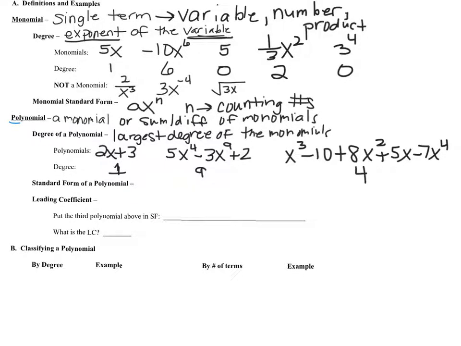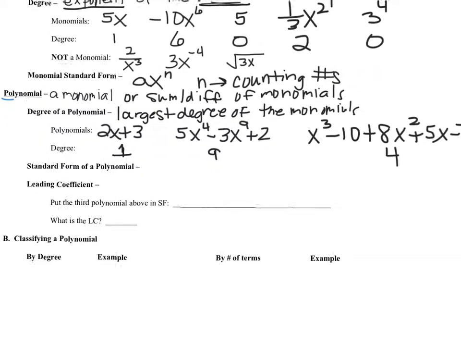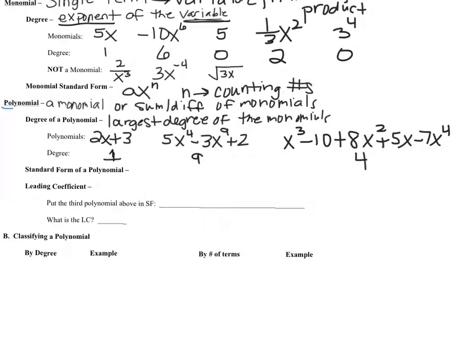So that's why we like to come up with something called the standard form of a polynomial. The standard form of a polynomial is the way that you usually like to write your polynomials. And that's when you have descending degree order.